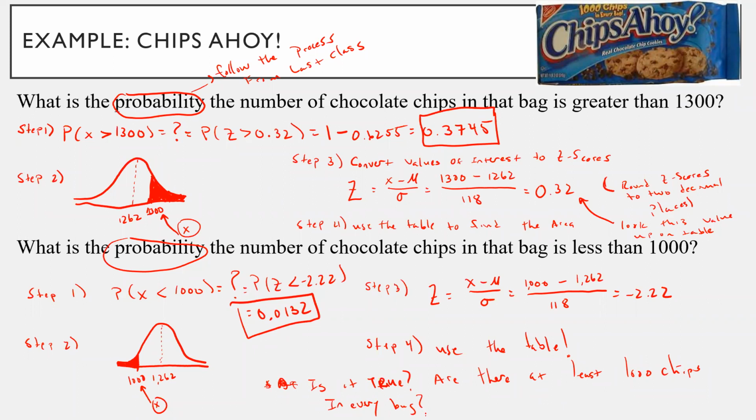Well, all right, Melissa, why is the answer no, that it's not true that there's at least 1,000 chips in every bag? Because there's a probability that it is less than 1,000. It's small, but yeah, there's a little bit more than a 1% chance that the bag that you grab has less than 1,000 chips. So they lie, that's why they had to stop the campaign. That's why they don't ever say there's 1,000 chips in every bag.